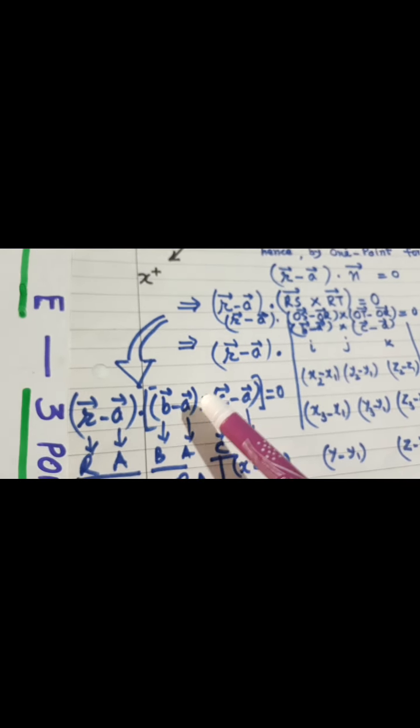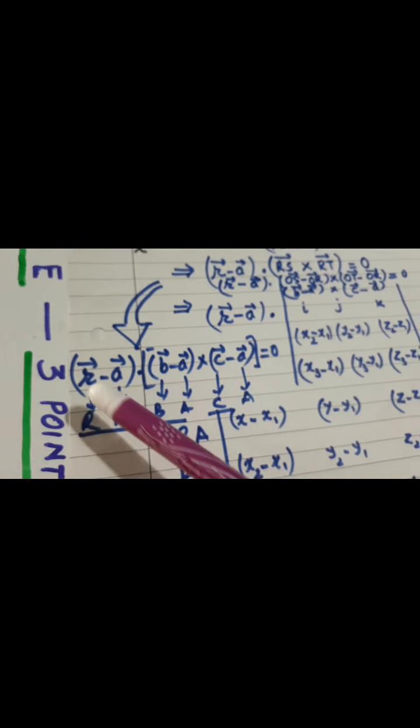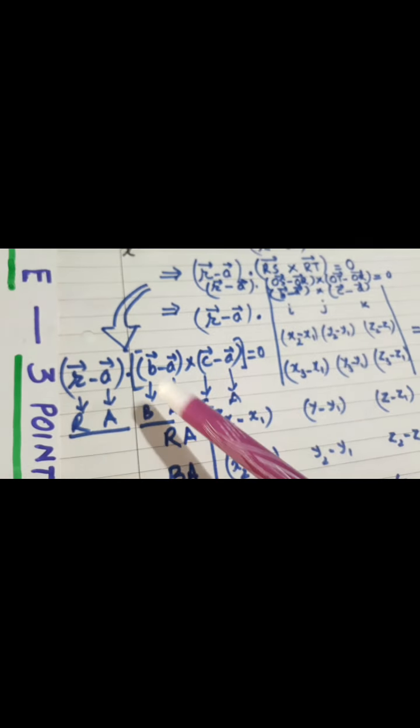So these are the 3 points here. I have derived the equation, and the equation works out to (r minus a) within the bracket (b minus a) cross (c minus a) equal to 0, r a b a c a.